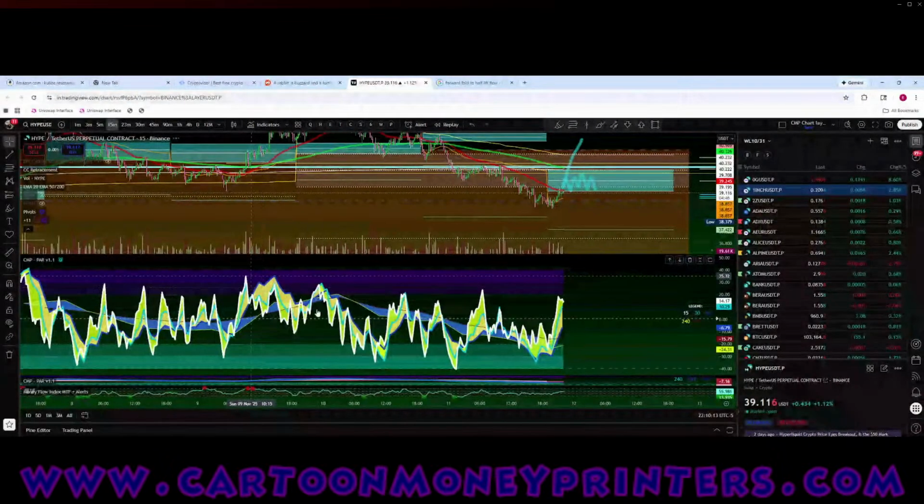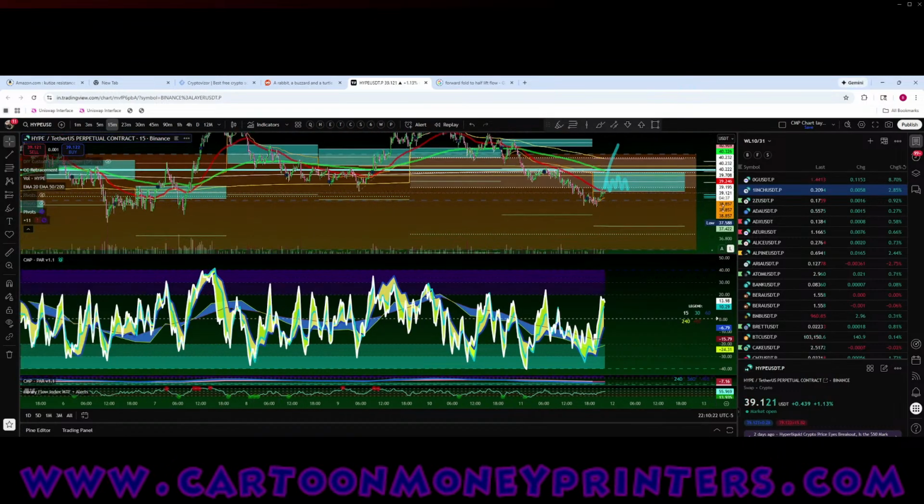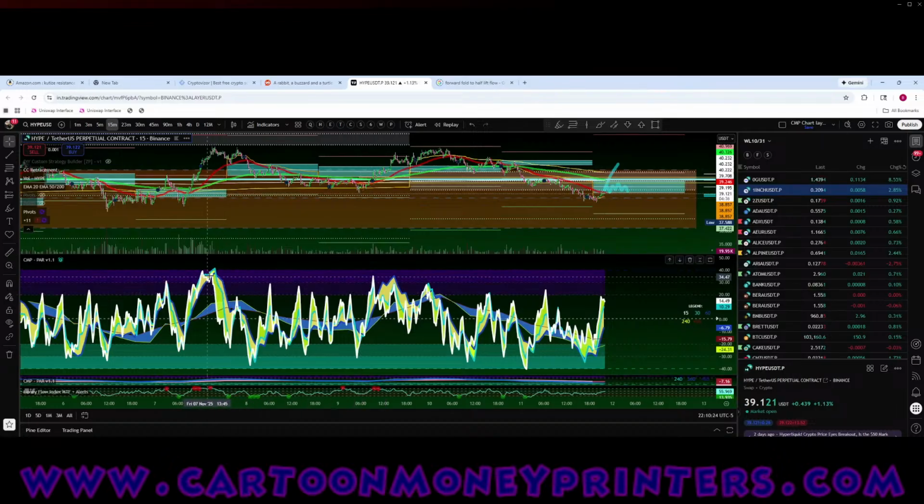The opportunities can come without it even being oversold or overbought, but typically when you get, like right here, 15, 30, 60 overbought, great opportunity for a short. 15-minute oversold, great opportunity for a long.